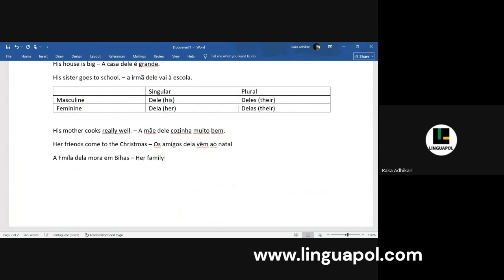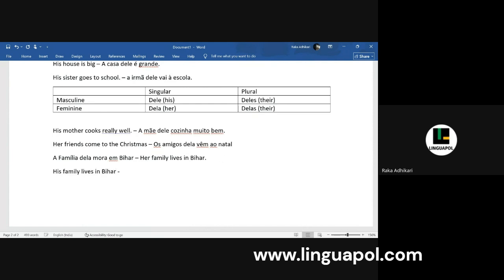Her family lives in Bihar. A família dela. A família dela mora em Bihar. If I say his family lives in Bihar, then also it remains the same. His family lives in Bihar.